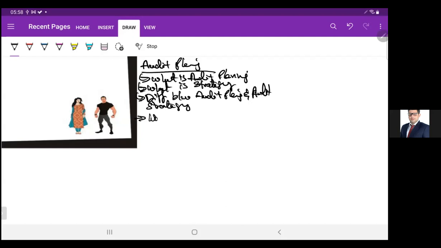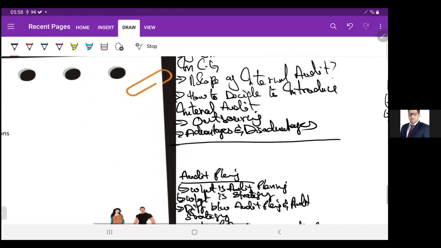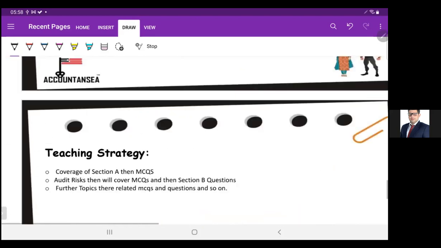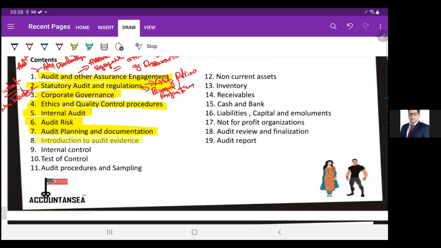What are working papers? How to document working papers? That is what we will cover in this area. Then we will move to the next chapter, which is the introduction of audit evidence.